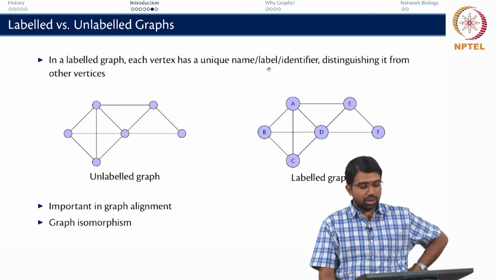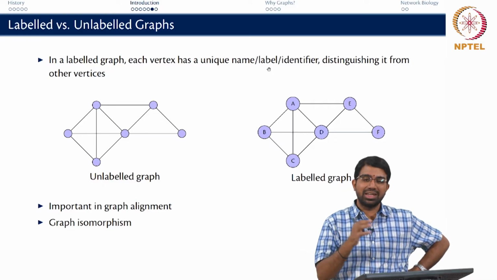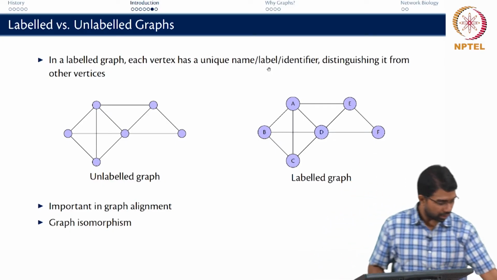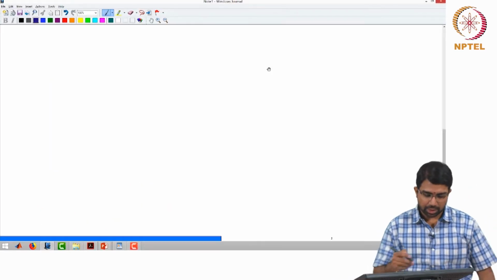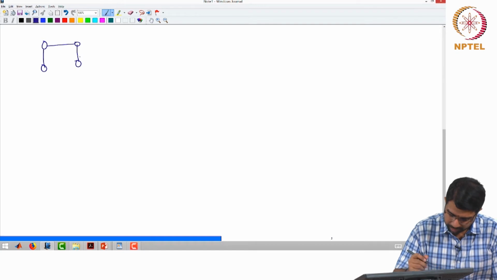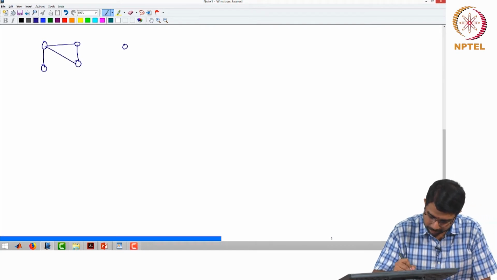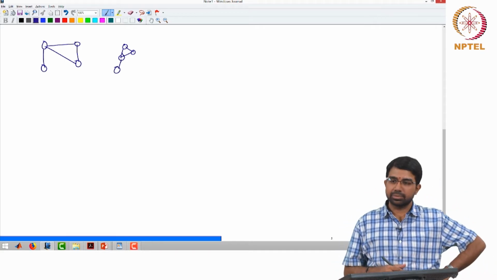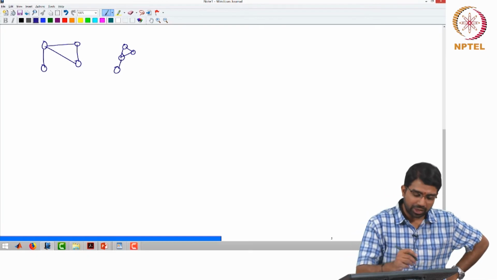Another useful concept is the concept of labeling a graph, so a graph being unlabeled versus labeled. These two graphs are the same if I do not label them.